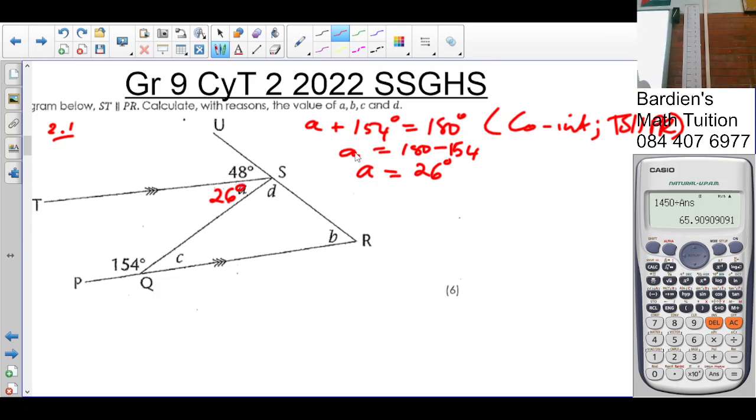We're looking at B. B is equal to 48. Why? Corresponding angles, with TS being parallel to PR. So B is equal to 48 degrees.